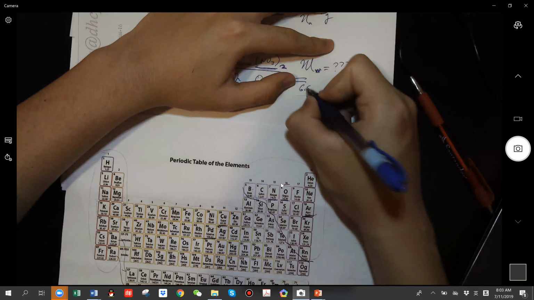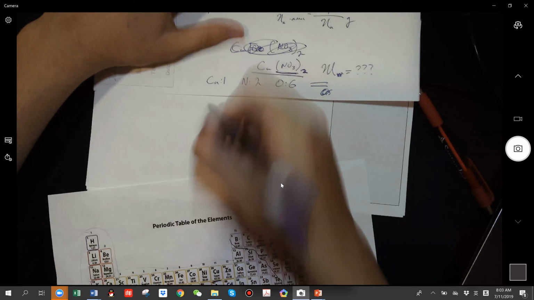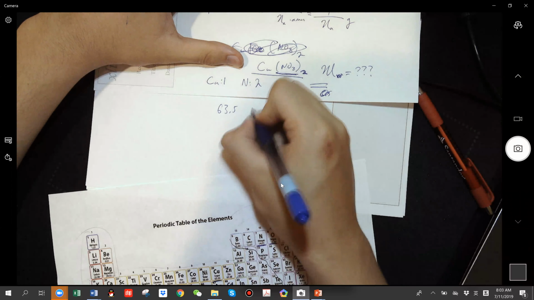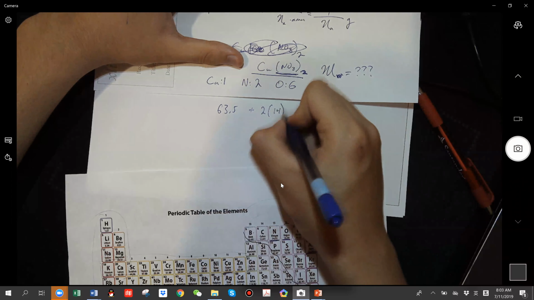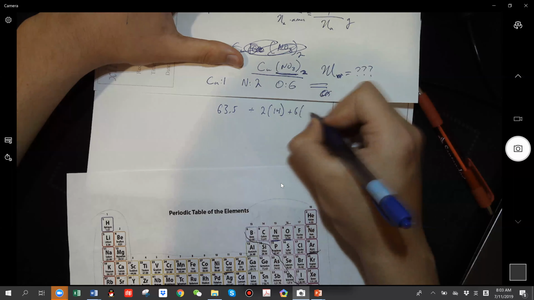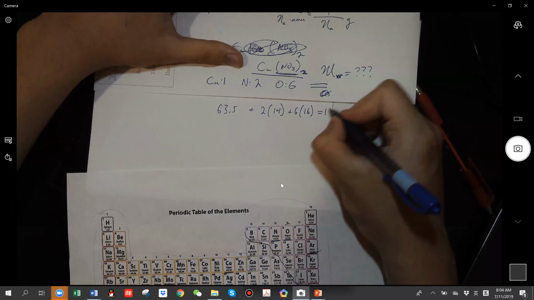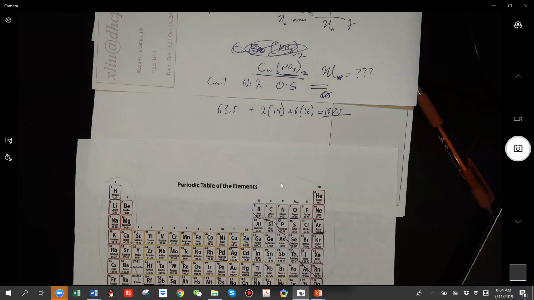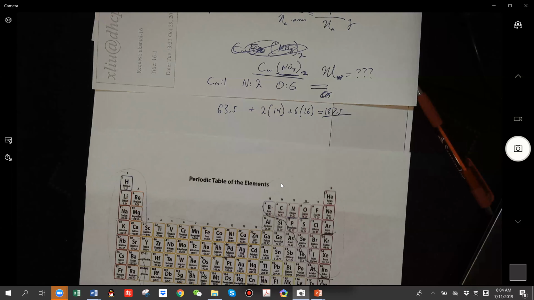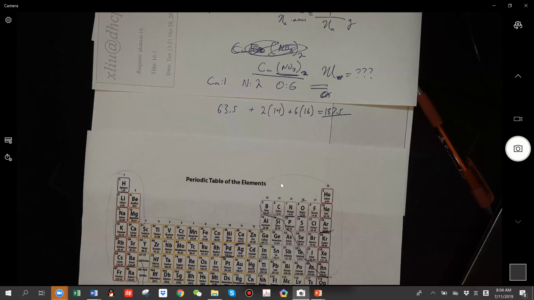So 63.5 plus 2 times 14 plus 6 times 16 equals 187.5. Okay. So this is the answer. So it's a little concerning. Wait, so everyone knows how to do this, right? Because I can't overstate how important this is.